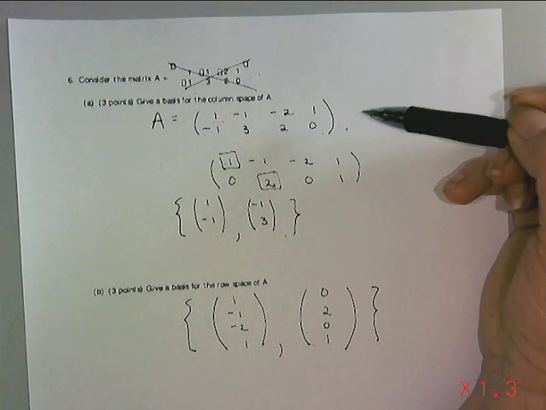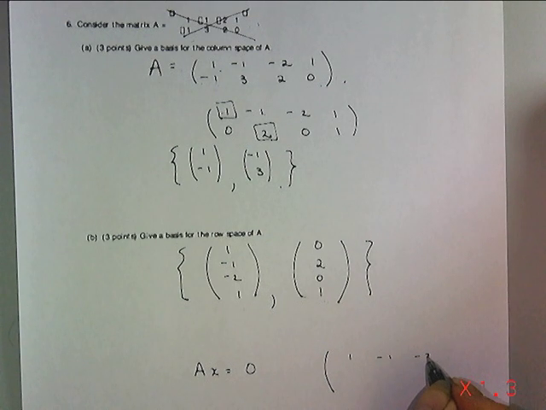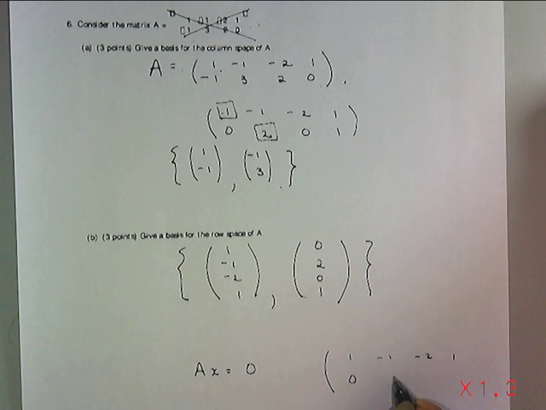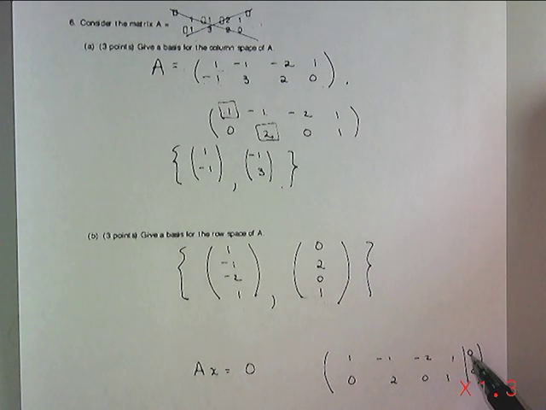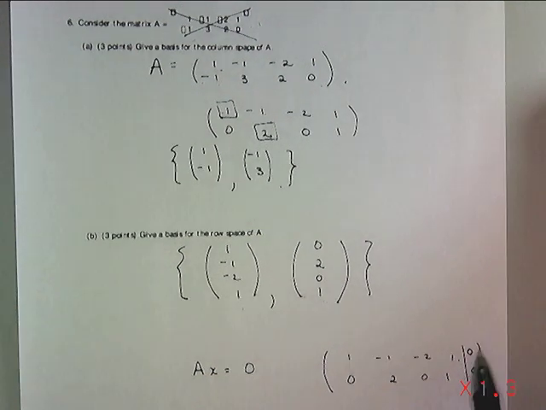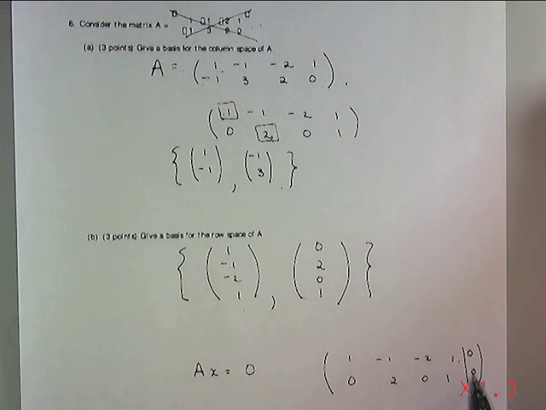If I put that in row echelon form, that will be the appended system 1, -1, -2, 1, 0, 2, 0, 1, appended with the vector 0, 0. Remember, to get into row echelon form, I added the first row to the second row, so 0 plus 0 is 0, so it works out that way. We could always append the 0 vector to the row echelon form to find the null space.